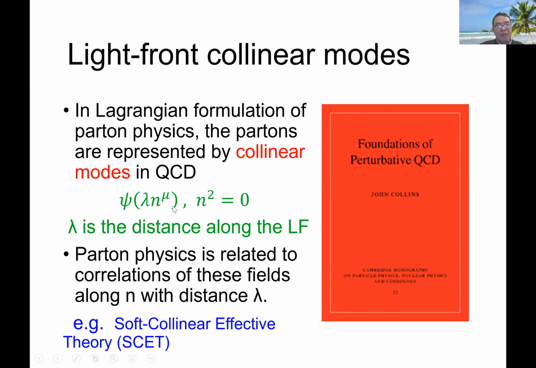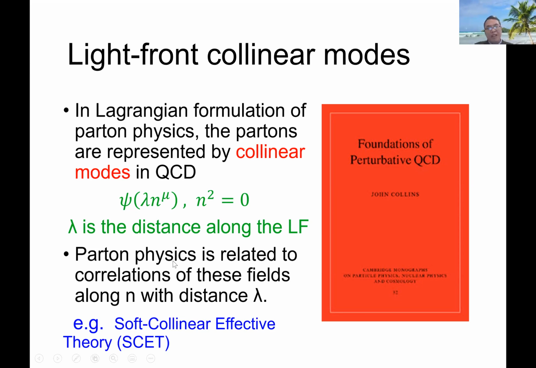In other words, you have fields living on the light cone. Again, that n represents the light cone coordinates, and n squared equals 0. Therefore, you have fields living on the light cone, and this light cone distance lambda is a coordinate along the light cone direction.